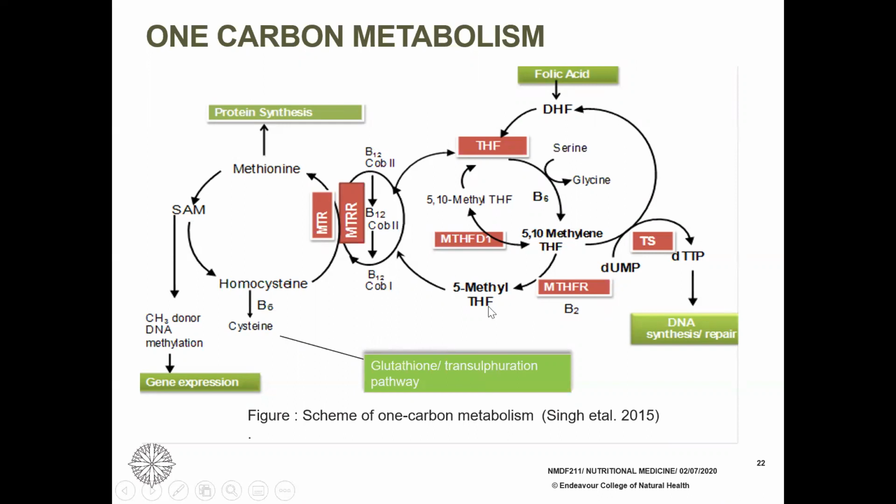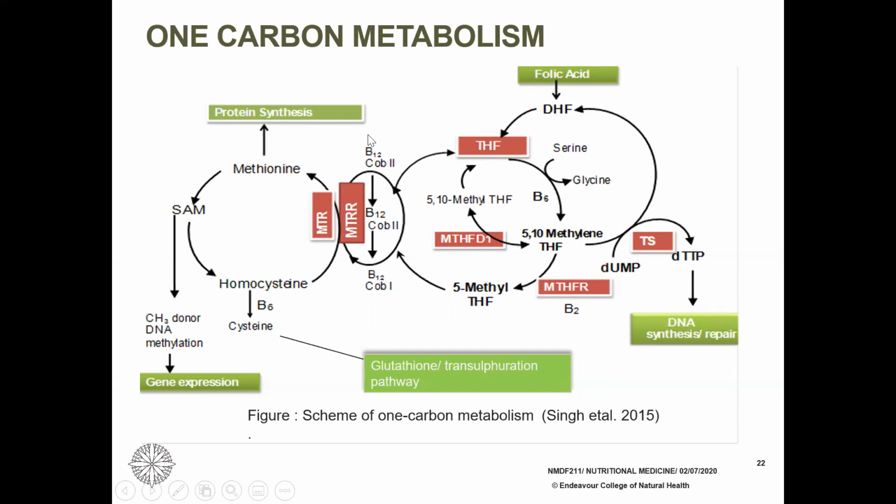How? Because this active form of folate, in the presence of B12 and another important enzyme, MTRR, it makes methionine. And we know how important methionine is because we make proteins, and methionine is one of the important amino acids.